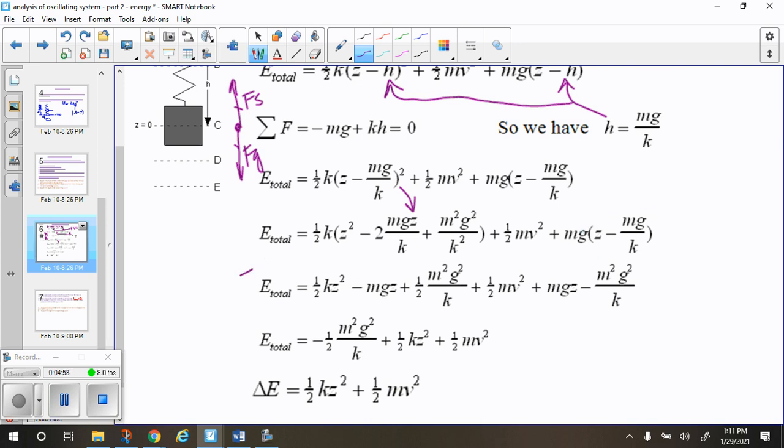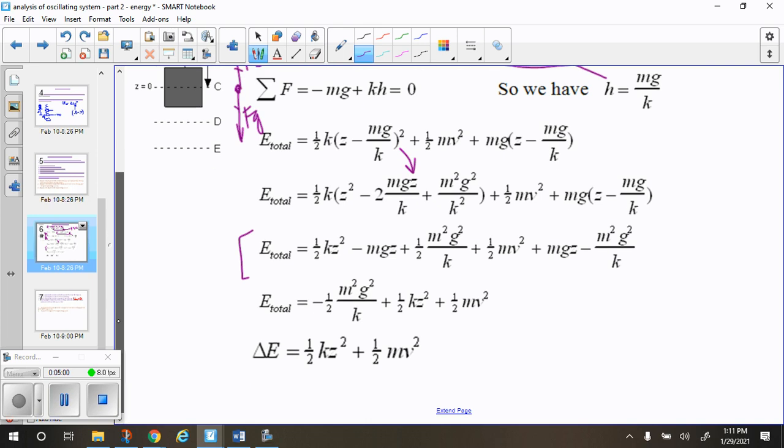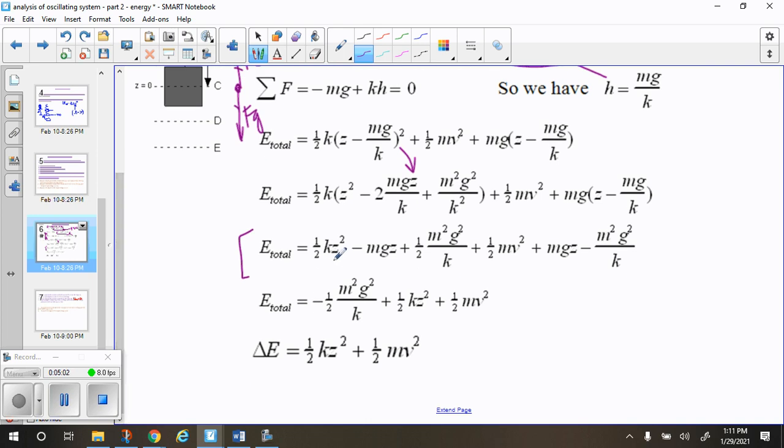And so then we get this equation for the total energy of the system: 1/2 kz squared minus mgz plus 1/2 m squared g squared over k plus 1/2 mv squared plus mgz minus m squared g squared over k.